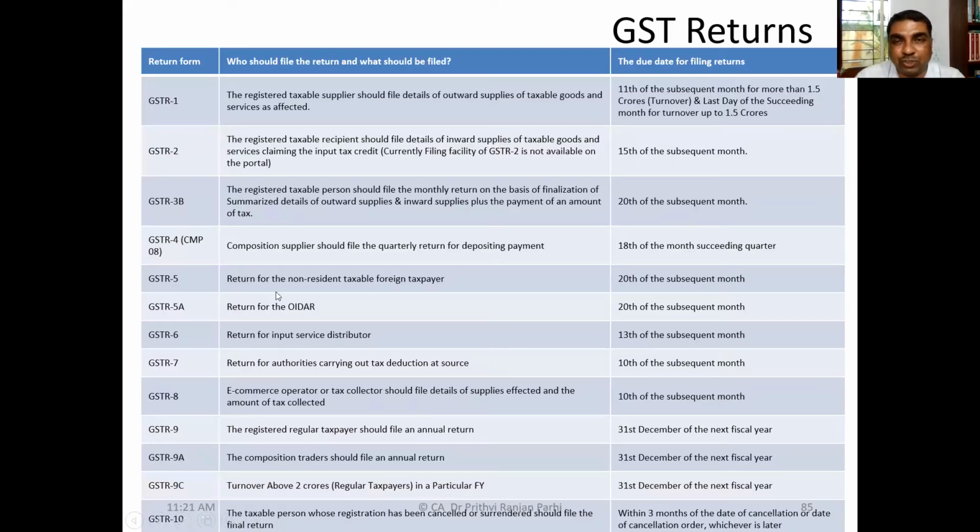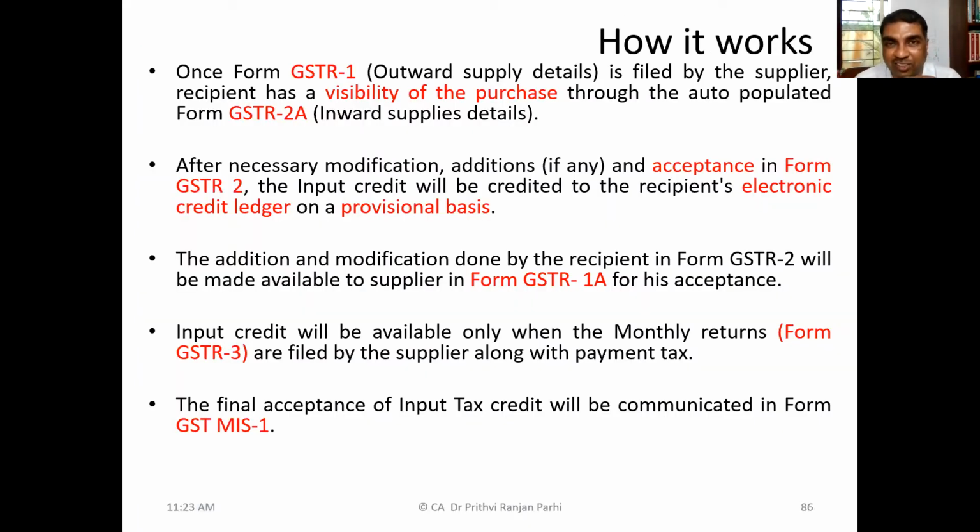These are various returns which are filed by the GST registered person from time to time. On that basis, the invoices of the supplier get matched with the purchaser's or recipient's ITC, and credit is allowed. Now let me explain this particular concept with the help of an Excel file.